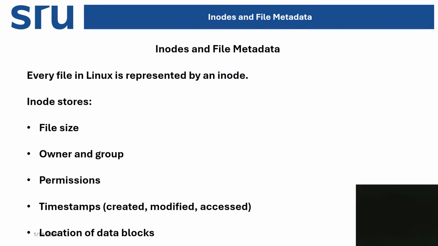Next, location of data blocks. When there is a file, the file is divided into different blocks, and the different blocks are stored in different locations in the memory space. That is the meaning of location of data blocks. Suppose the file is divided into 5 blocks: 1, 2, 3, 4, 5.